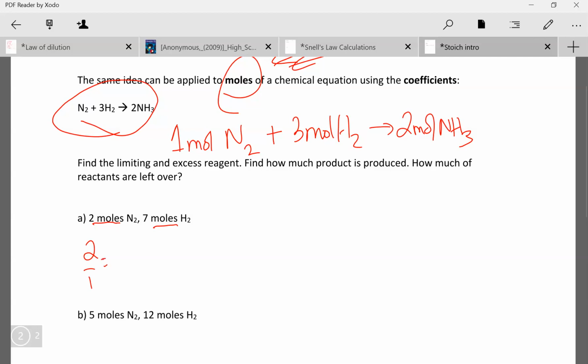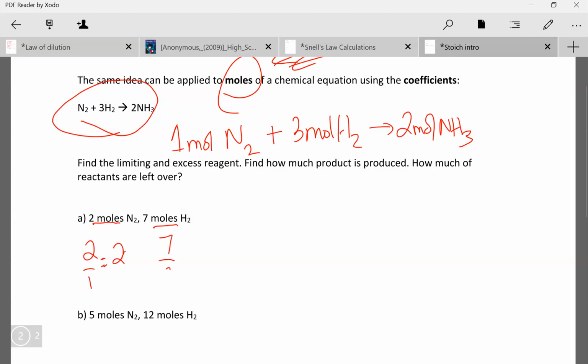This would hypothetically give us 2 moles of NH3. Well, technically, we don't want to write what this is here because it would give us 4 moles of NH3. But we're just going to stick with 2 and not write what comes after that.